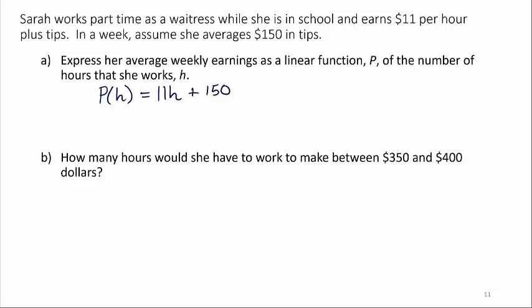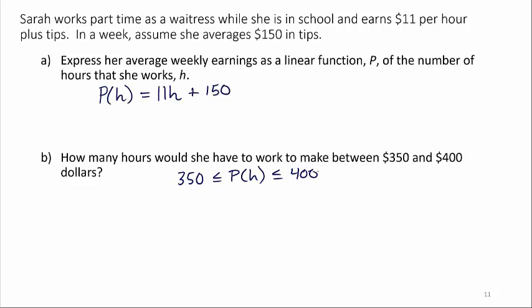Okay, so now what do they want us to do with that? How many hours would she have to work to make between $350 and $400? Okay, so now the P of h value is her weekly earnings, right? All right, so we're going to sandwich P of h between $350 and $400. Does that make sense? Because the output of that function represents her earnings.